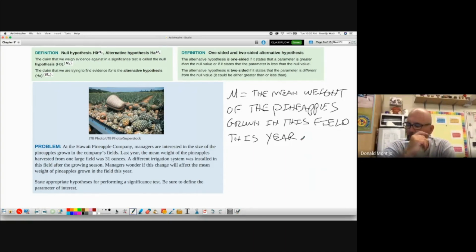Now, the null hypothesis, H naught, the HO, okay? Since this is quantitative, it's mu. Well, what do we want to test? We want to test, did the new irrigation system change the weight of the pineapples? So my null hypothesis is that mu equals 31.